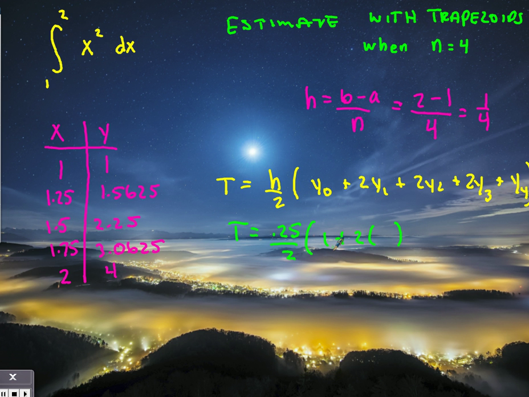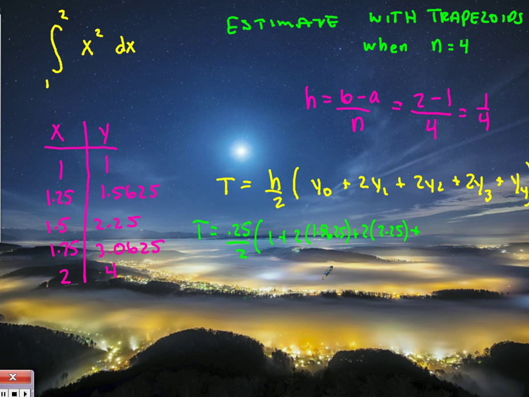It'll be base 1 of one trapezoid and base 2 of another trapezoid, plus twice y2, plus twice y3, and then plus y4, which is base 2 of the final trapezoid, a value of 4. From this point, it's just order of operations to calculate t, which is 2.34375.